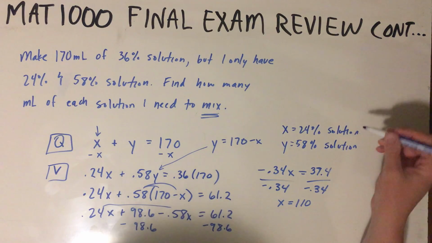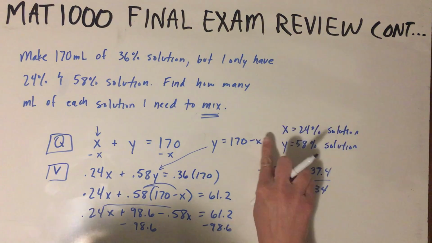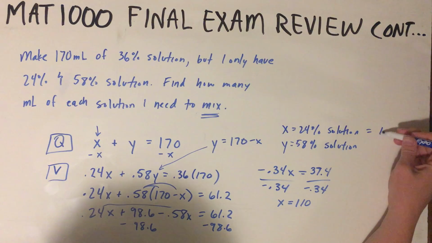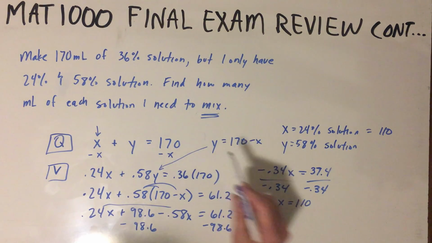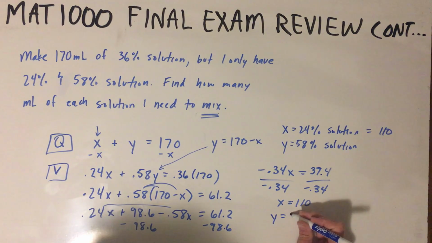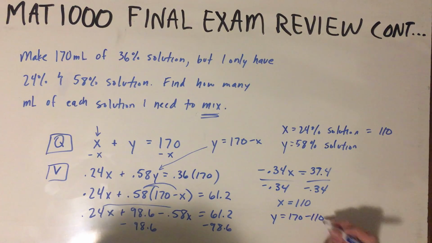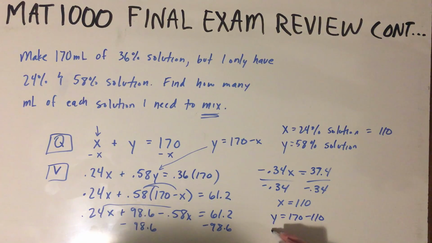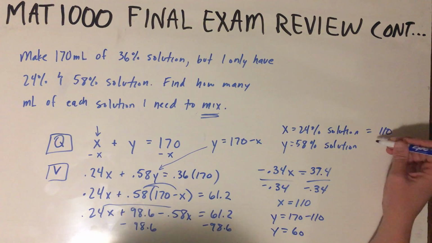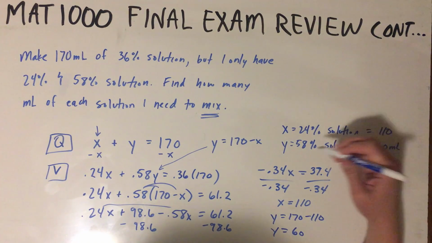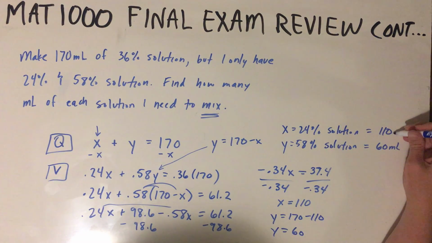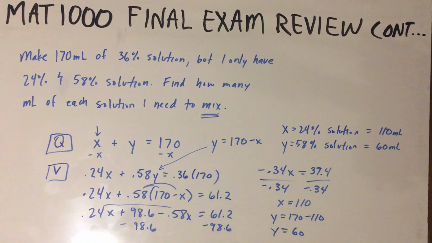So the quantity here is going to be 110. Well, how do I find how much for y? I'm just going to substitute that into here, and I'm going to say that y is equal to 170 minus 110 because that's the value for x. So y is going to be equal to 60. So we will put in 60 milliliters of the 58% solution and 110 milliliters of the 24% solution.